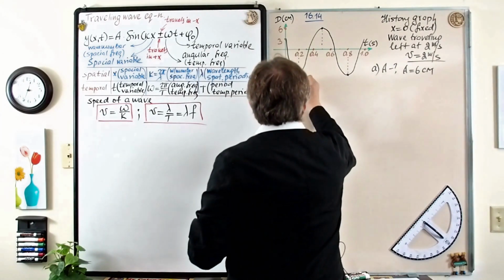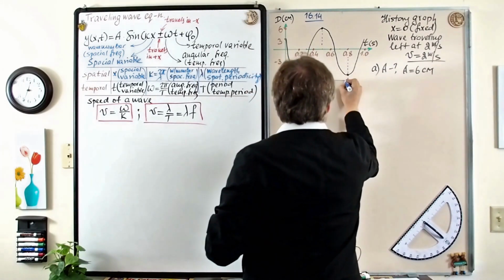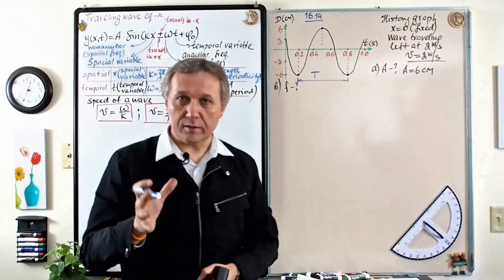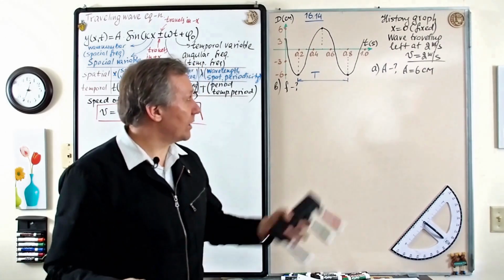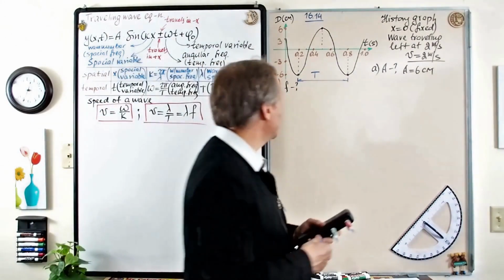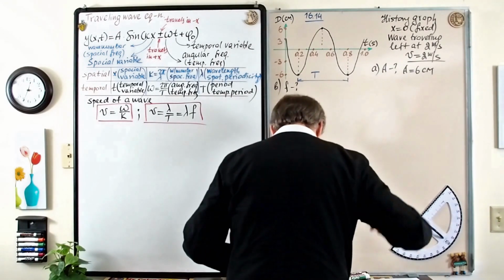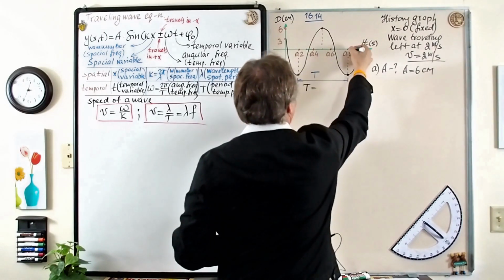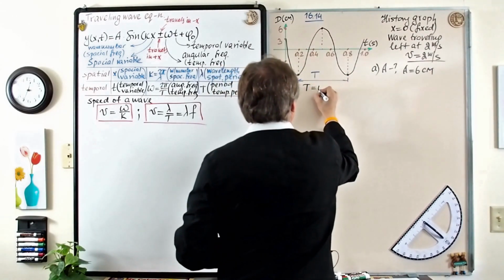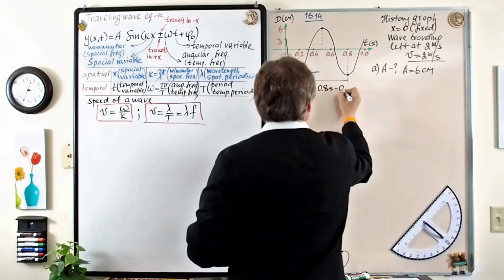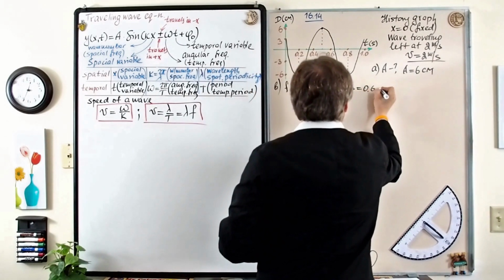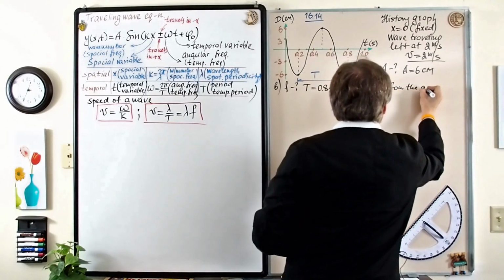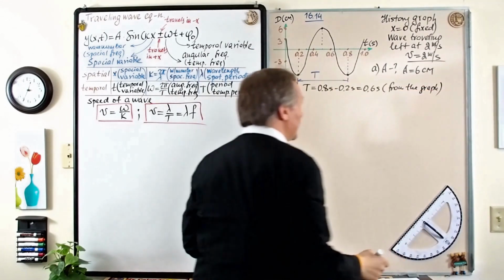So this period of time is the period. Let me show that, this is T. From the history graph, you should be able to get the period immediately by just looking at the graph. So T equals what? 0.8 seconds minus 0.2 seconds, you will get 0.6 seconds. You can see it immediately from the graph.